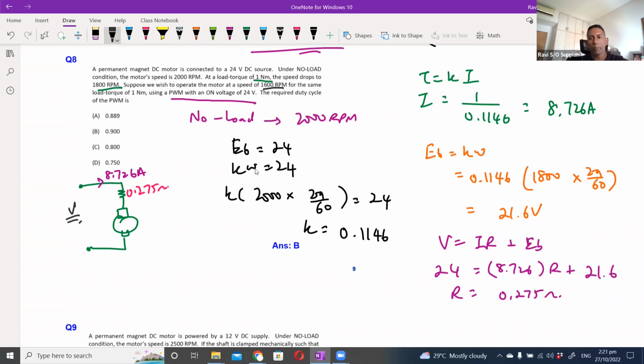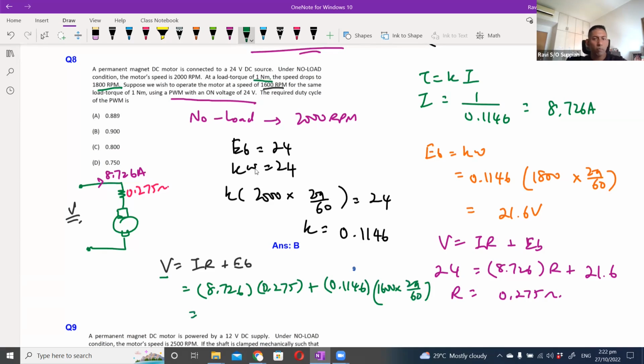So I put it back into the same formula. V equals IR plus EB, but now I'm trying to find the V. The current is 8.726 multiplied by the resistance, which is 0.275, plus EB. EB is K omega, so K is 0.1146 multiplied by omega, and omega in this case is 1600.